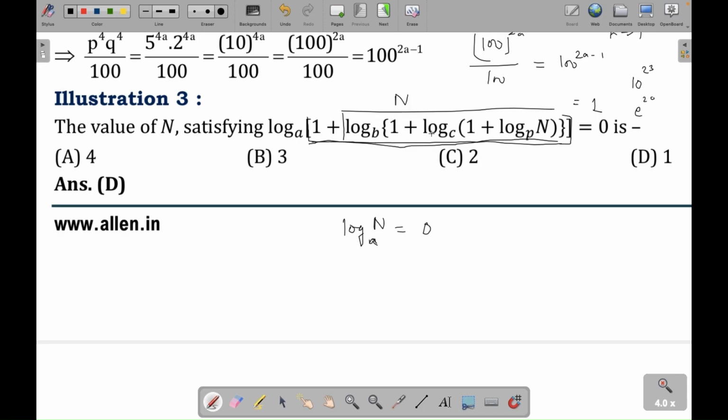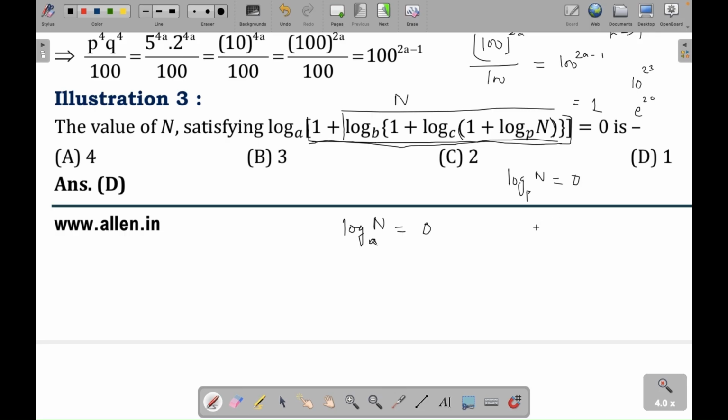If you solve that again, you'll get 1 and 1 will become again 0. So you'll get log c of 1 plus log n to the base p is 0, which means 1 plus log n to the base p is 1, which means log n to the base p should be 0.